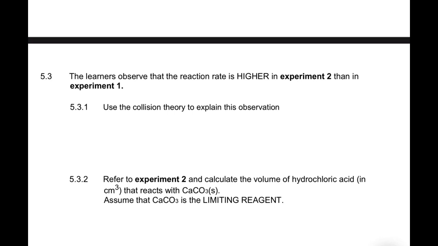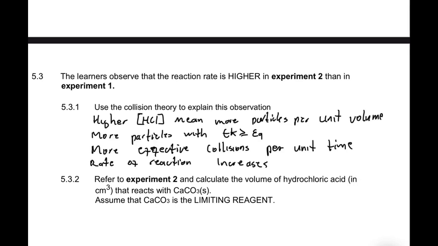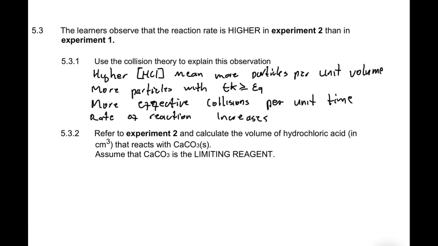As a consequence, we have more effective collisions per unit time, and the reaction rate increases. So let me just put that in words. And there it is. Let's move forward to 5.3.2. So we're essentially saying that higher HCl concentration means more particles per unit volume, right?